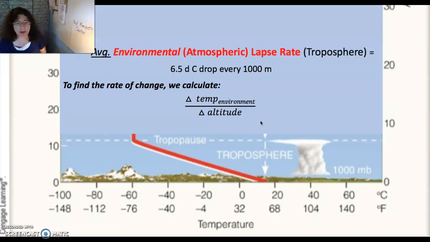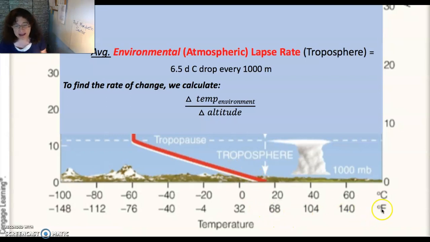So in other words, and this is part of your chapter 1 graphic, if you start at your average 57 degrees Fahrenheit on Earth temperature at sea level, then you will lose approximately 6.5 degrees Celsius for every 1,000 meters.